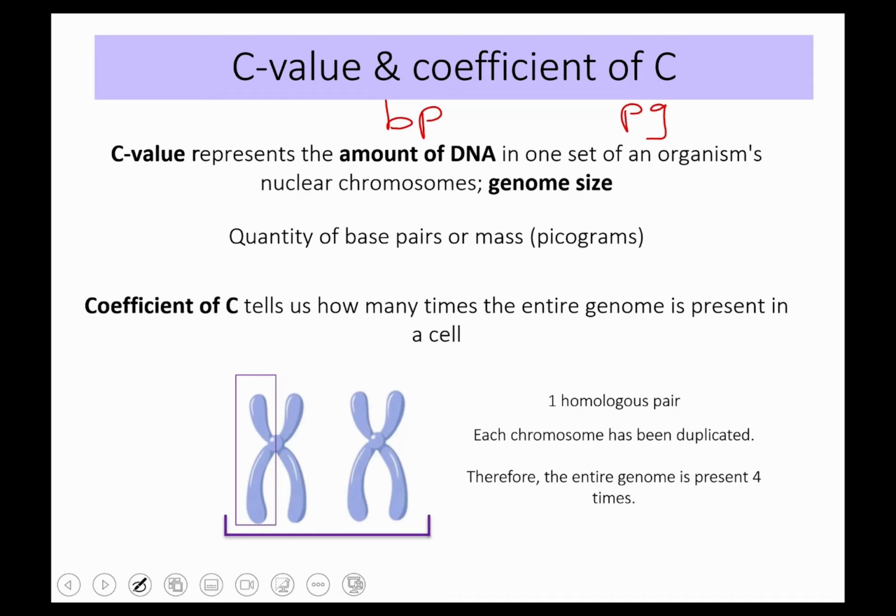ACTG, yes, we have it. But how many of those ACTGs do we have? 10 base pairs? Okay. Do you know how many we have? 3.2 billion.